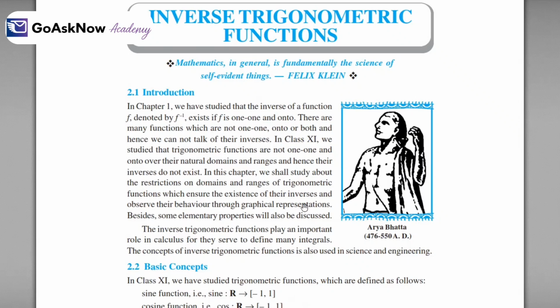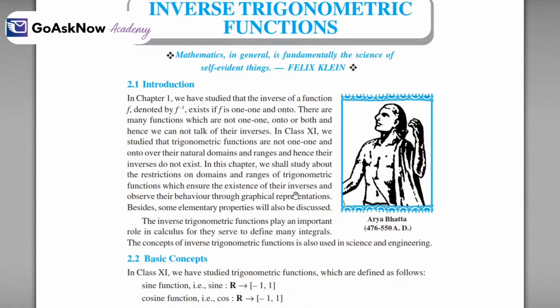In class 11th, we have studied that trigonometric functions are not one-one and onto over their actual domains and ranges. You have already studied the trigonometric functions sine, cosine, tan, cot, sec, cosec. If you remember the graph of sine, it looks like this.